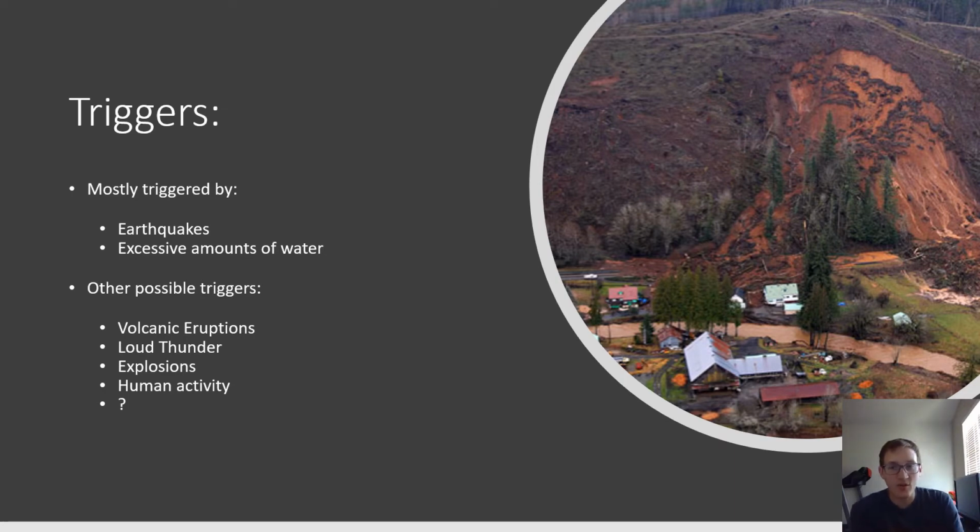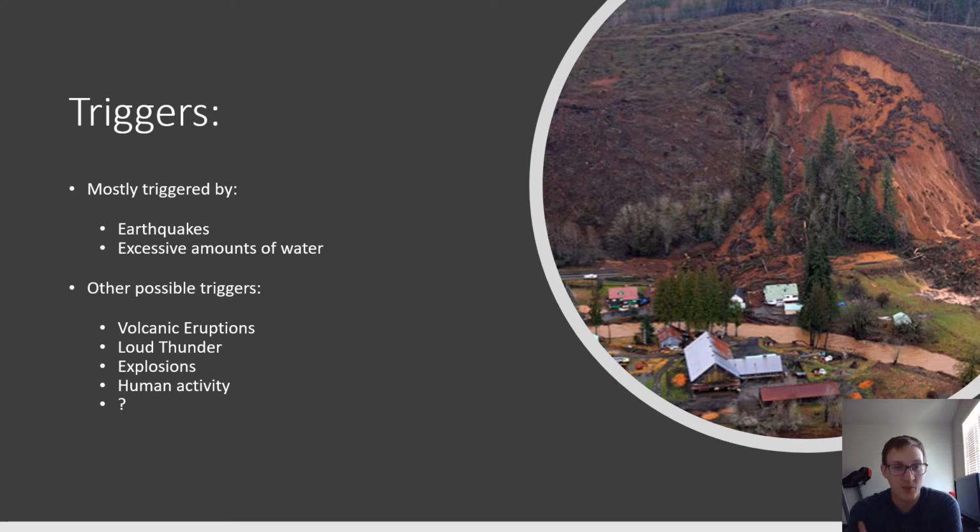There are some triggers that make these things happen more often than not. A lot of the triggers are earthquakes. Obviously, the shaking of the ground can jar the soil and rocks loose and make them fall or start sliding down, especially accompanied by rain that will soften up the soil.